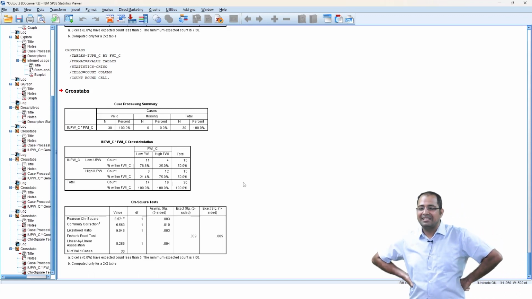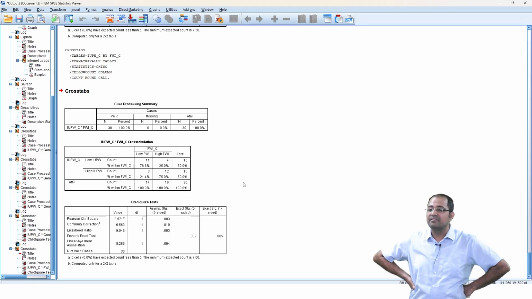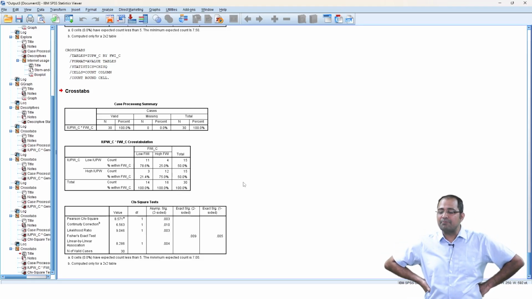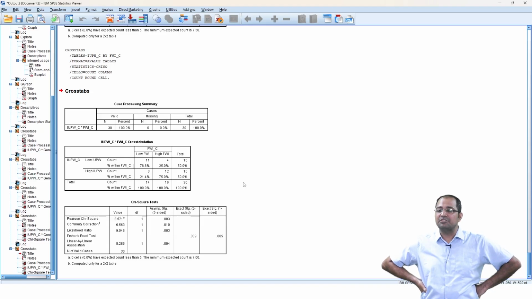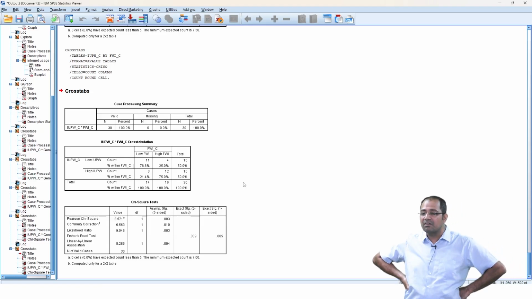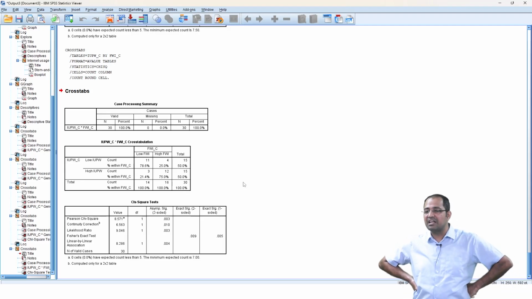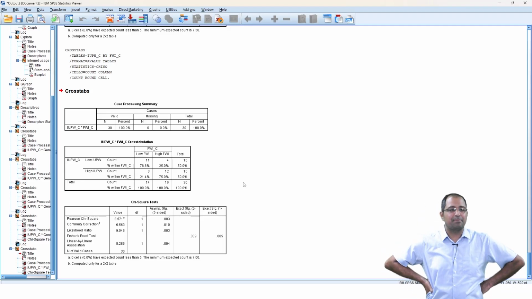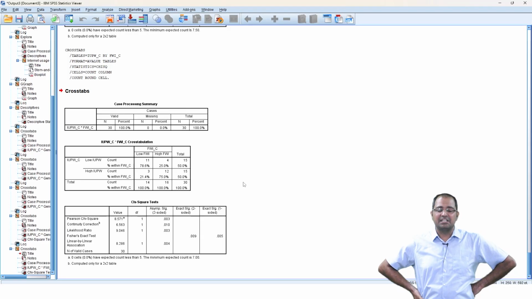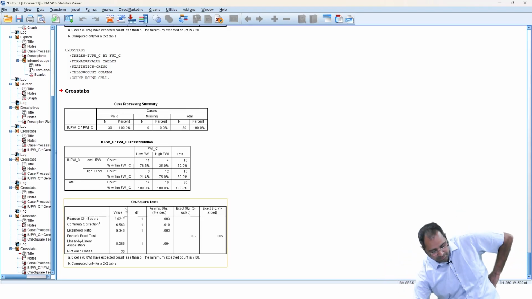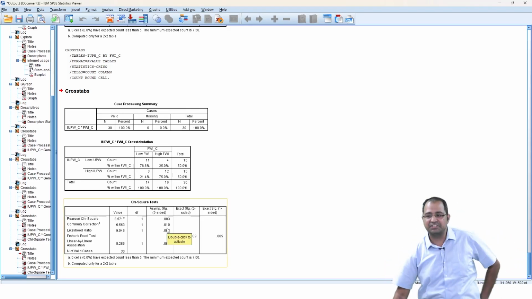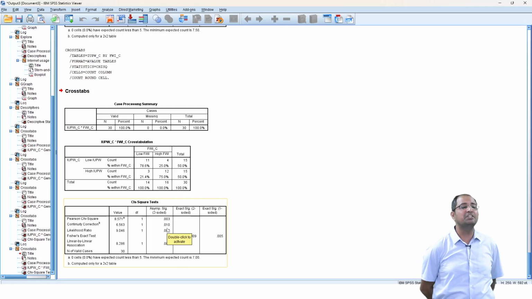So less than or equal to 0.05, which means the probability is only 1%, which means our initial assumption that there is no association, the null hypothesis itself, is wrong. We reject the null hypothesis because the p value here, you look at, it is continuity correction, it is 0.010, less than 0.05.